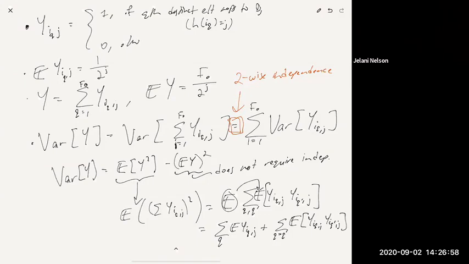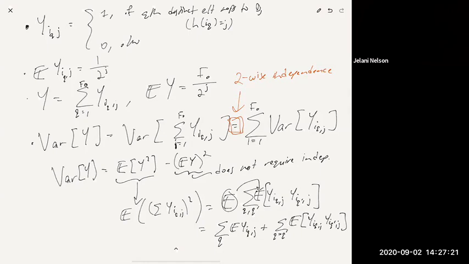Now, if the hash function were totally random, what does this random variable mean? What does the product mean? It means that the qth element and the q primeth element both got hashed to level j. So what would the probability of that be if this hash function were totally random?